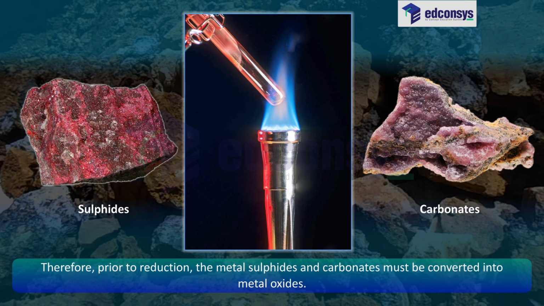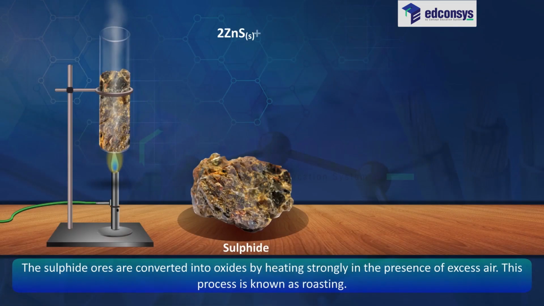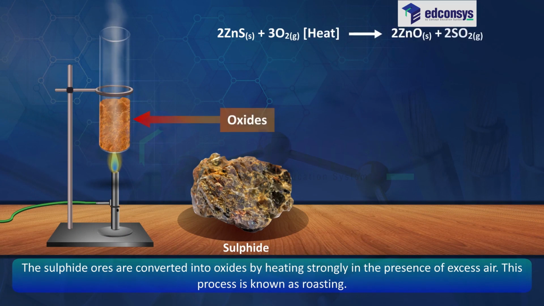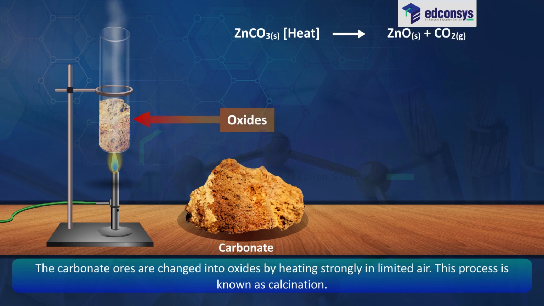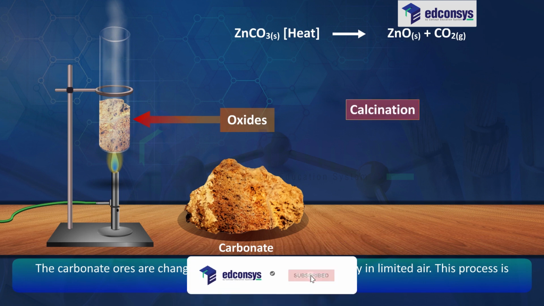Therefore, prior to reduction, the metal sulfides and carbonates must be converted into metal oxides. The sulfide ores are converted into oxides by heating strongly in the presence of excess air. This process is known as roasting. The carbonate ores are changed into oxides by heating strongly in limited air. This process is known as calcination.